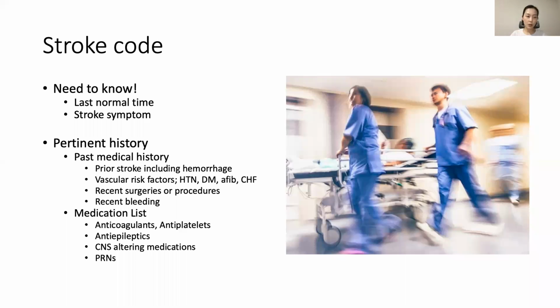Additional information that would be very helpful to know is past medical history, including any stroke history, their vascular risk factors, any recent surgeries or procedures that might influence our decision making, and any recent bleeding. And obviously, if they're on an anticoagulant or antiplatelets, it would be helpful to know that. Any CNS altering medications would be great to know.